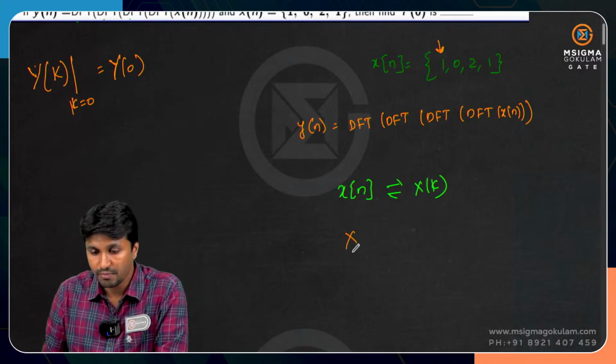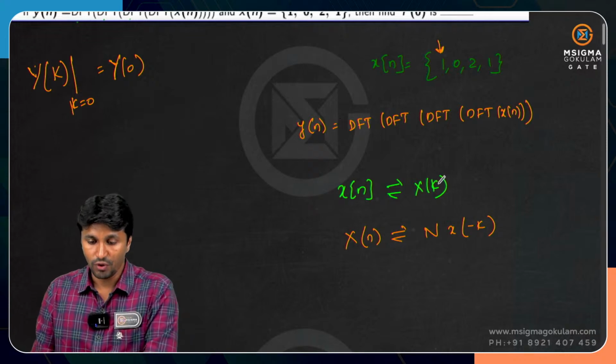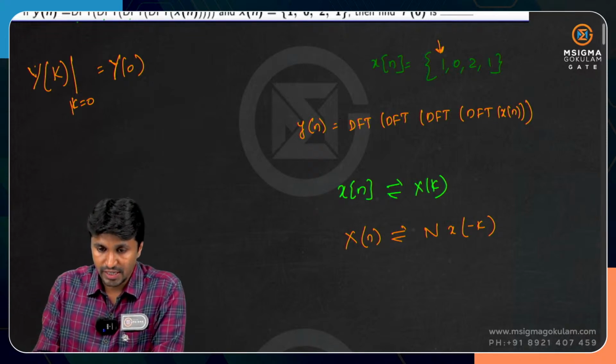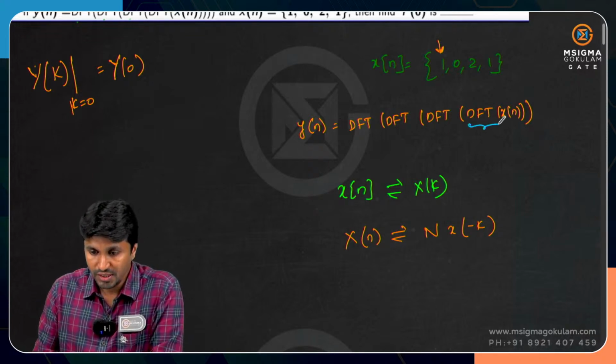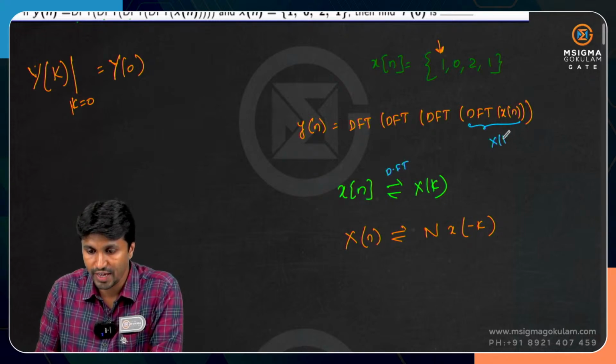DFT of capital X of n is equal to capital N into small x of minus k, right? So therefore, DFT of x of n is nothing but capital X of k, right?